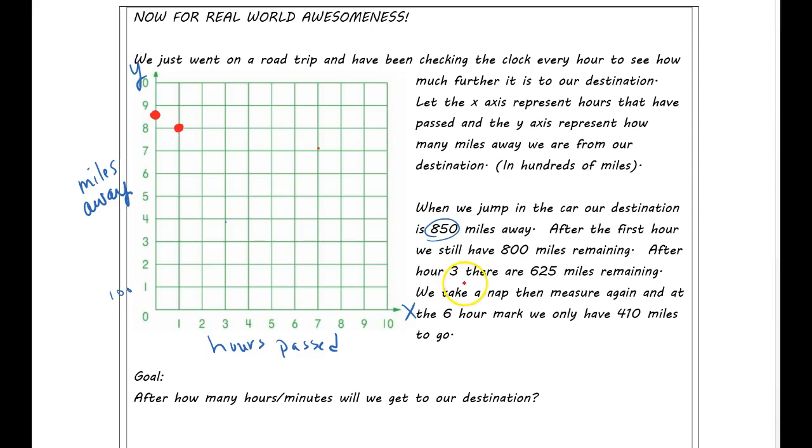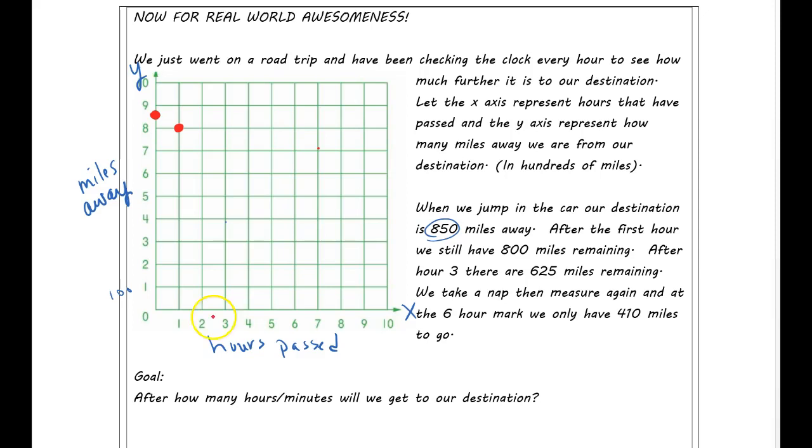After hour 3, so after hour 3, 1, 2, 3, there are 625 miles remaining. So at this 3-hour mark, we need to go up to 625. And actually, I wonder if I should do, let's see, after hour 3. No, that's fine.